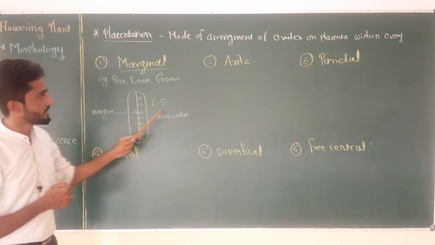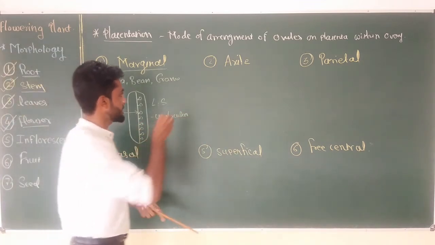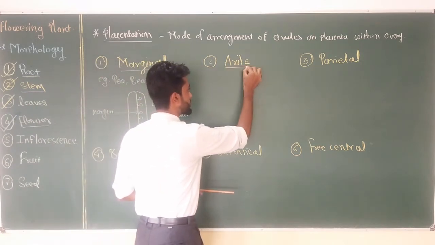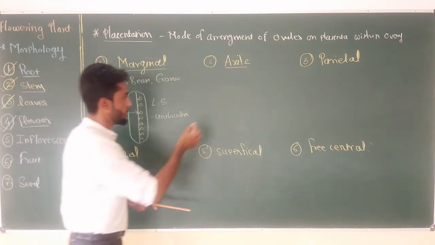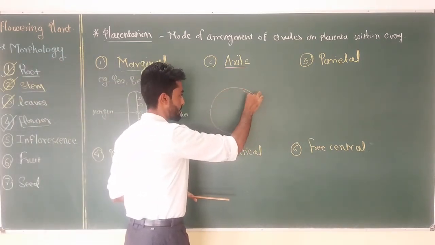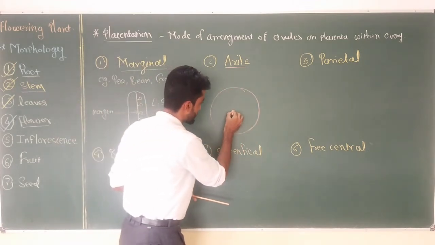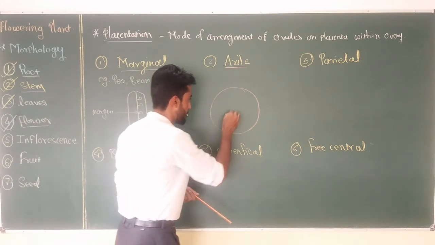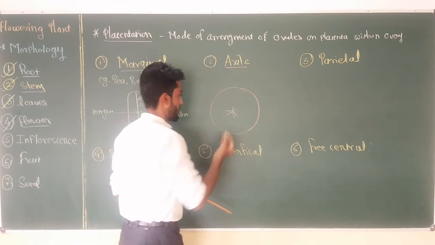Now the next is axial placentation. The name itself suggests the ovules are arranged on the central axis. If we draw the transverse section of the ovary, the center of the ovary has placentas.